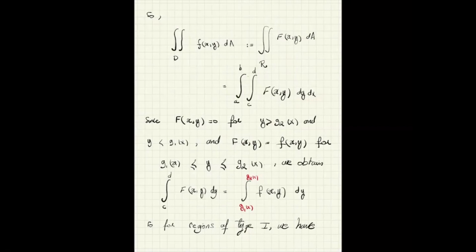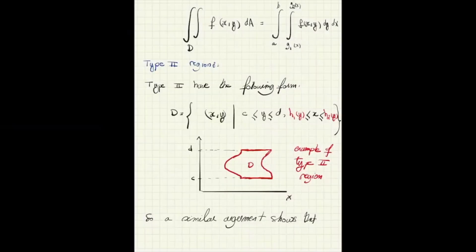And then we just observe that when we are outside D, this function is just zero. So actually you don't need to integrate from C to D, you just need to integrate from the boundaries of D, which is G1 to G2, and then AD is a constant. So for this kind of regions, this is how we compute the integral.